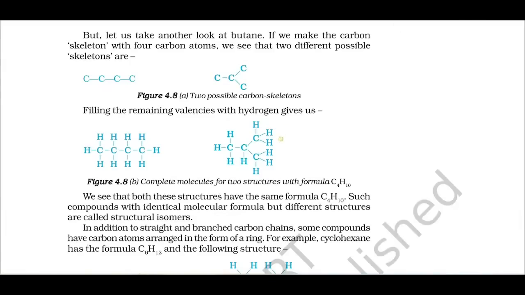Carbon compounds having the same molecular formula but different structures are called structural isomers. This phenomenon is called isomerism. Carbon compounds with the same molecular formula but different structures are called what? Structural isomers. You should know the isomers of butane, pentane and hexane.